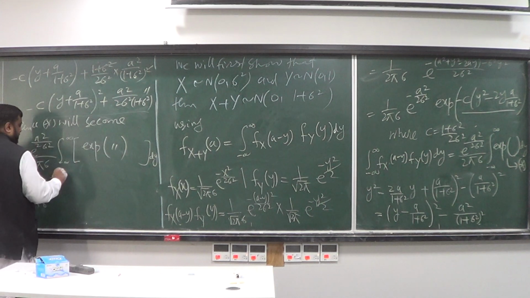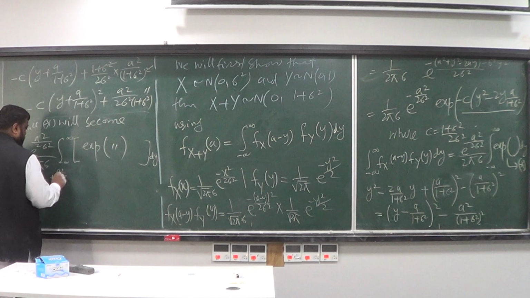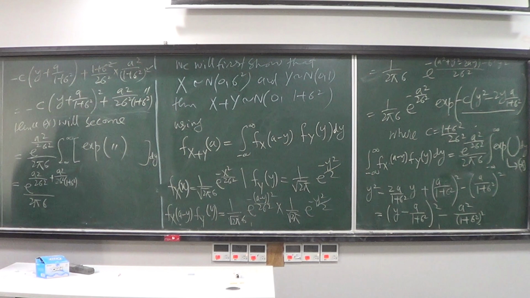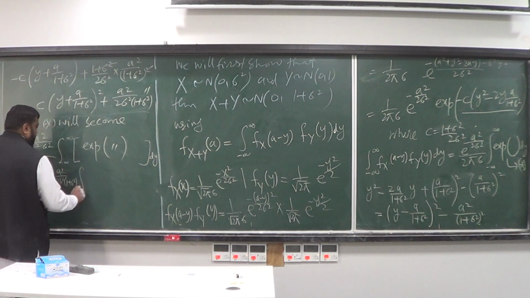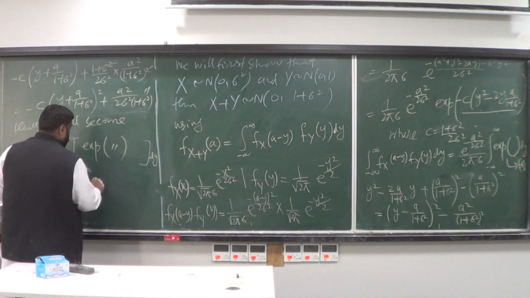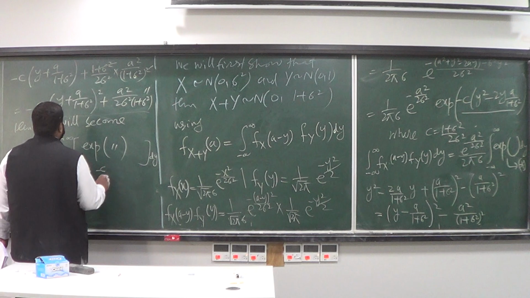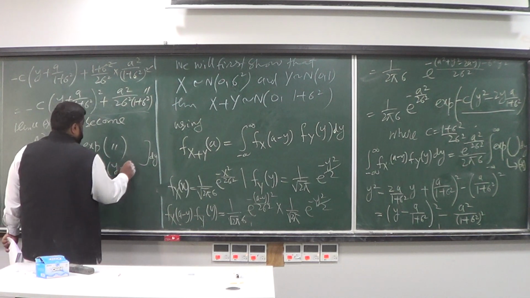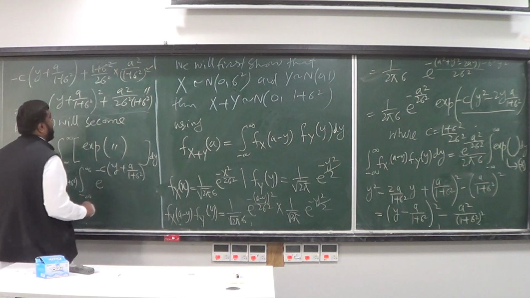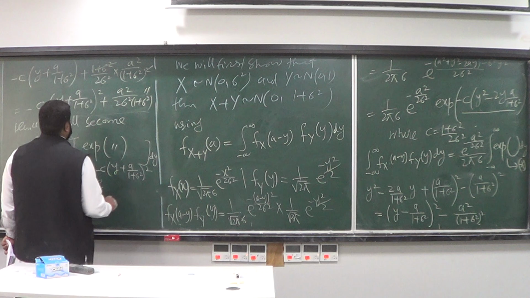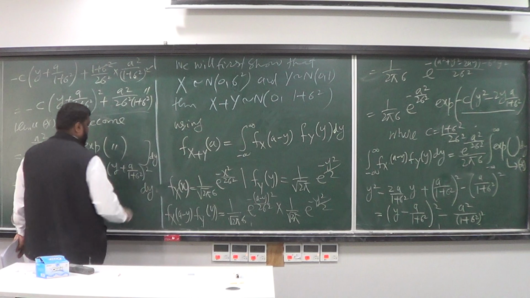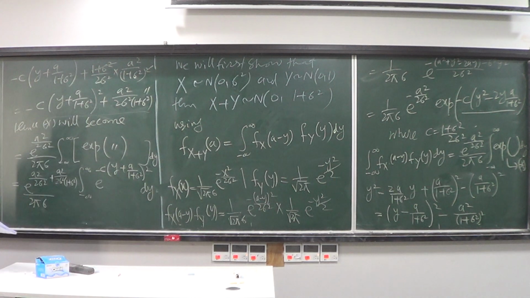So you're going to get a square over 2 sigma square times 1 plus sigma square, times the exponential of e to the minus c times (y plus a over 1 plus sigma square) squared, dy. This is what you're going to get.